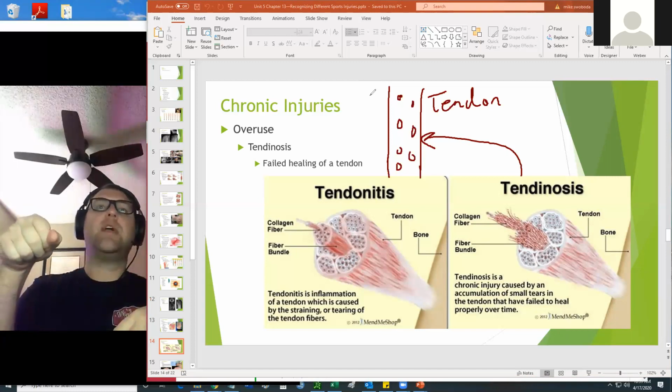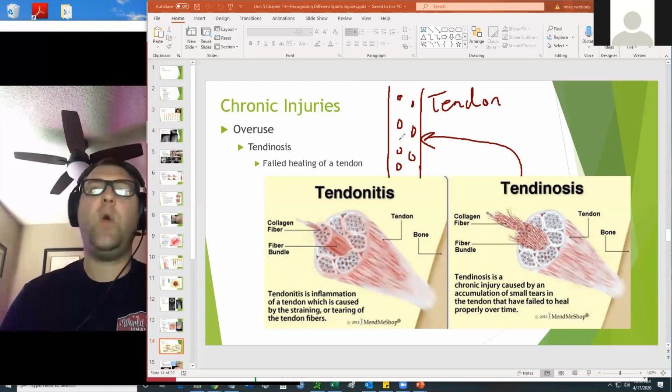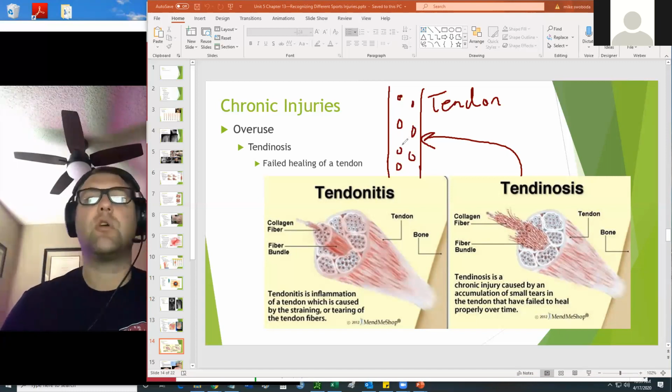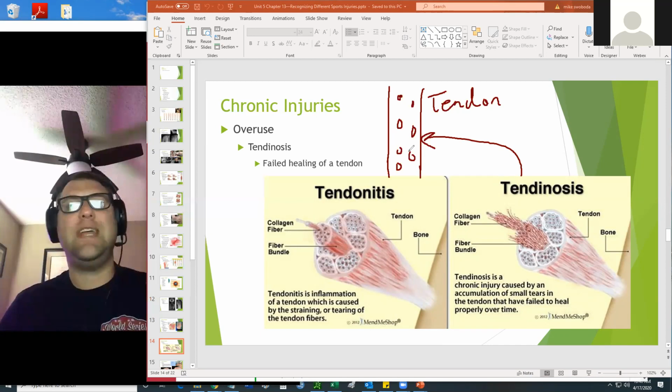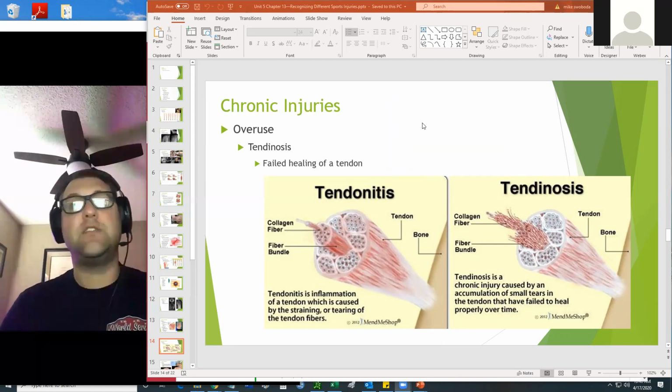More likely than not, the whole thing is going to fall out. What this means for us is that when you have holes or tears in the tendon itself, it's much more susceptible to injury. This makes continued healing very difficult. So it becomes an issue over time, and it makes you much more susceptible to having a grade 3 tendon sprain.